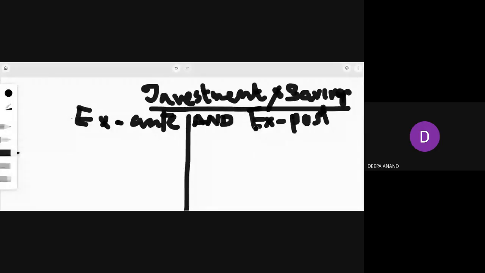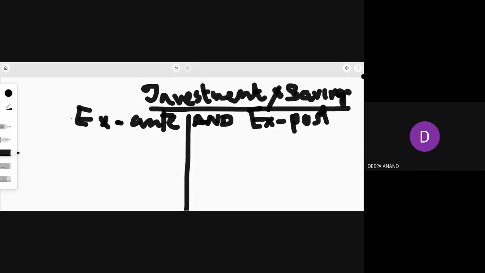So the terms are ex-ante investment, ex-ante savings. The ex-ante factors can be ex-ante investment or ex-ante savings, or it can be ex-post investment or ex-post saving.